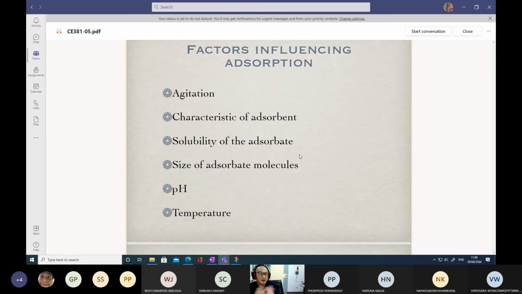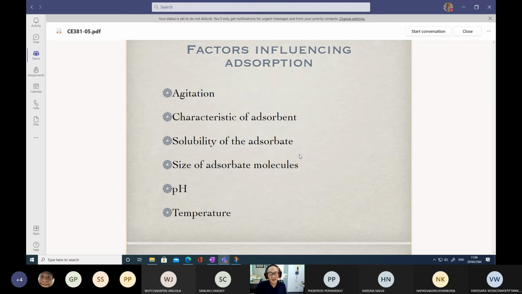These two are the prime factors affecting almost every chemical and biological reaction. Higher temperatures generally pose higher reaction rates, degradation rates, whatever, but it's associated with the reaction rate.